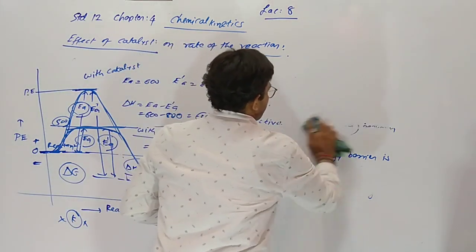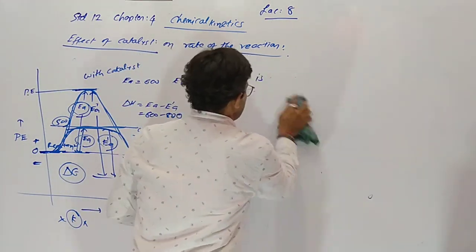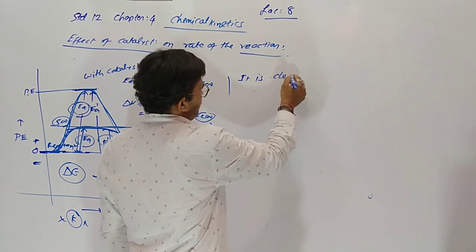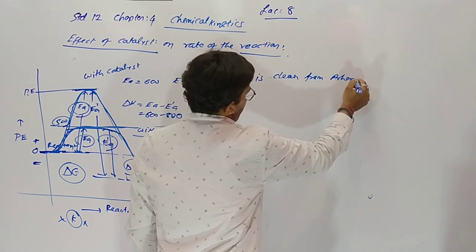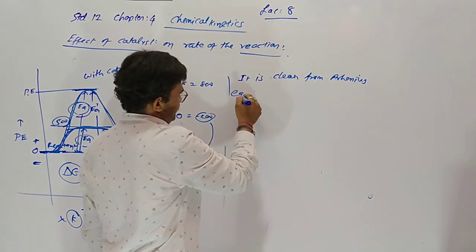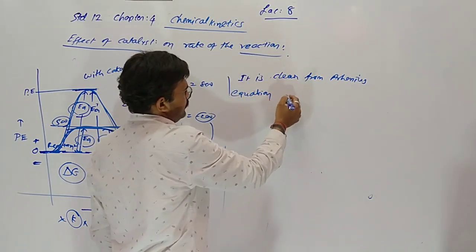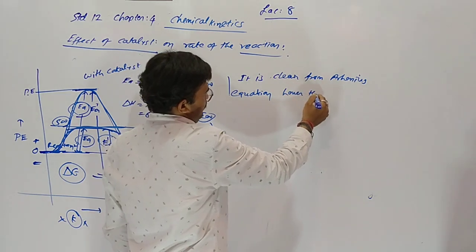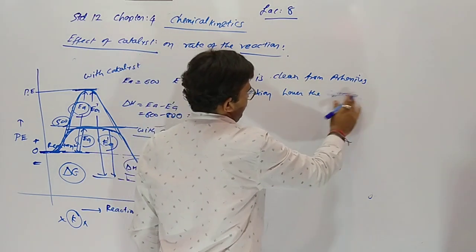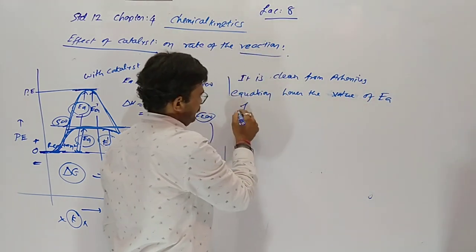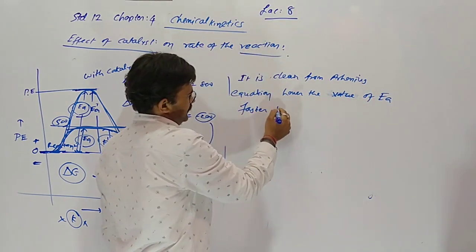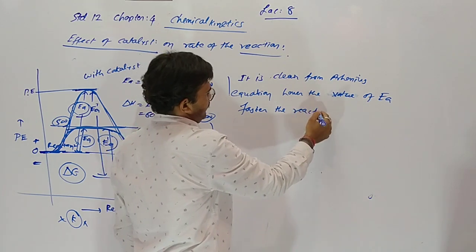It is clear from the Arrhenius equation, the lower the value of EA, the faster the reaction.